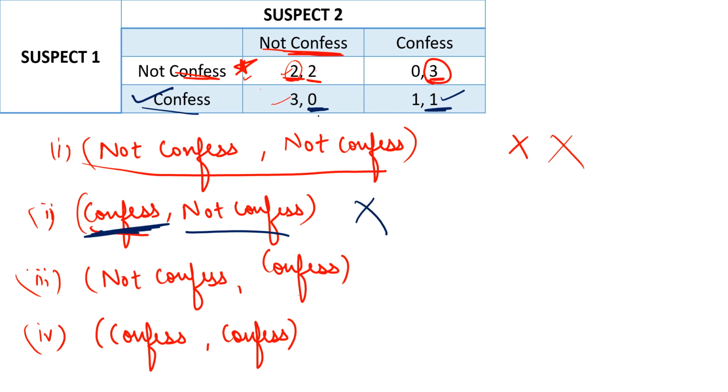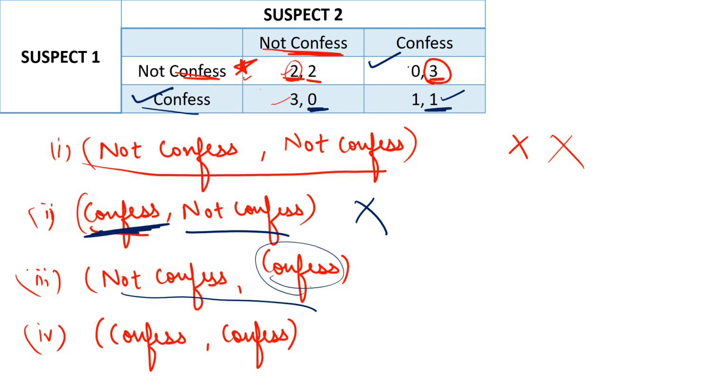Similarly, if suspect 2 chooses not confess, then suspect 1 does not have any incentive to deviate, but suspect 2 does. So this is not a Nash equilibrium strategy. Next is not confess, confess, which is this column. Suppose suspect 2 chooses confess and sticks to its policy.